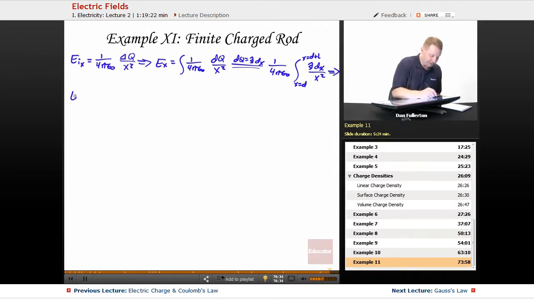This implies then that the electric field in the x direction is lambda over 4 pi epsilon naught. Our lambda can come out as well. It's a constant.